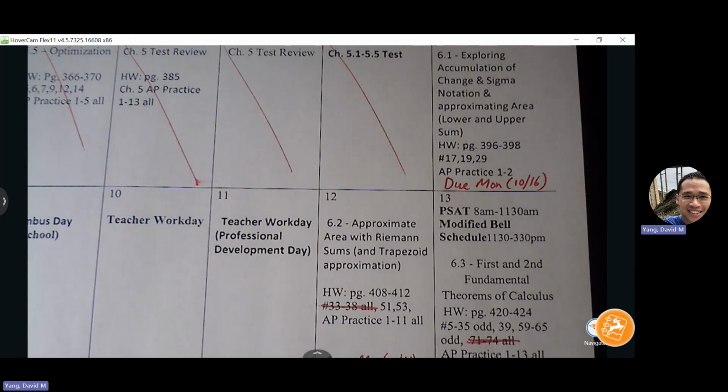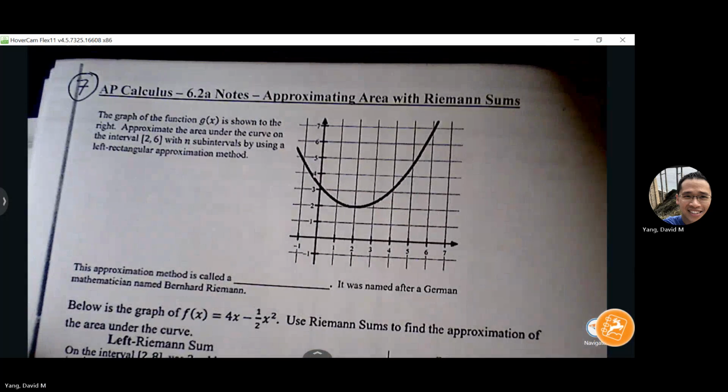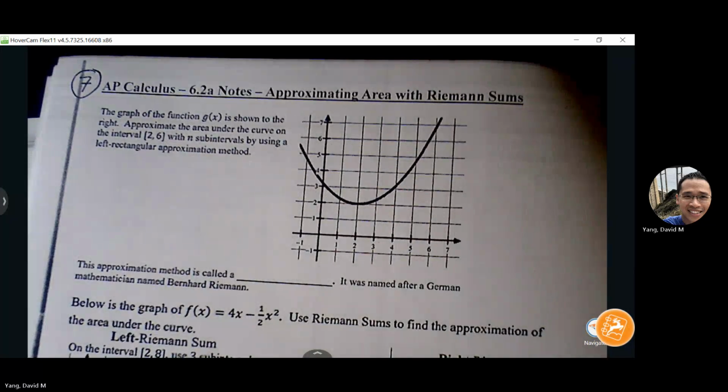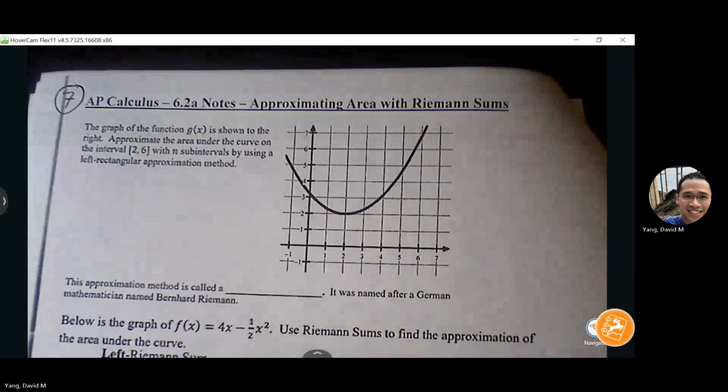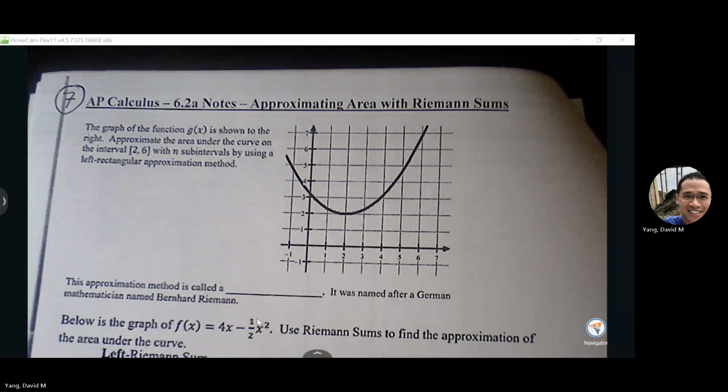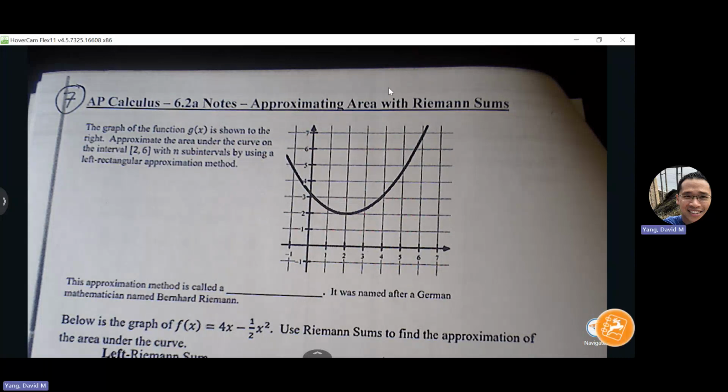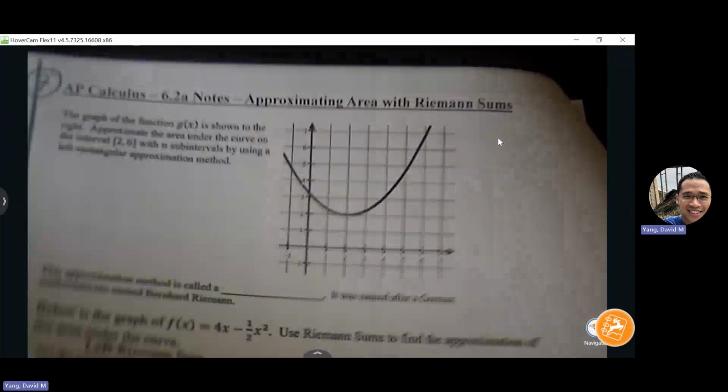Page 7. Do you have an October calendar? Yes. Let me get that to you.